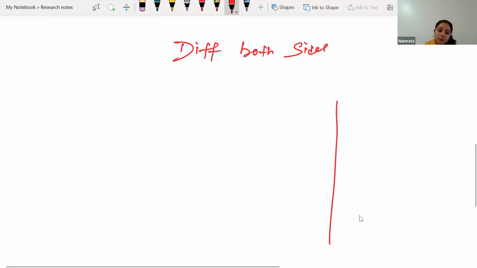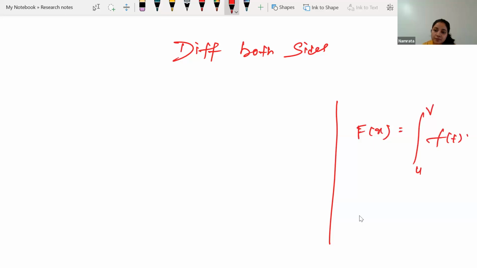The rule is given by Leibniz, and the rule says if we have f of x equal to the integral from u to v of f t dt, then the derivative f dash x will be f of v times v dash minus f of u times u dash.